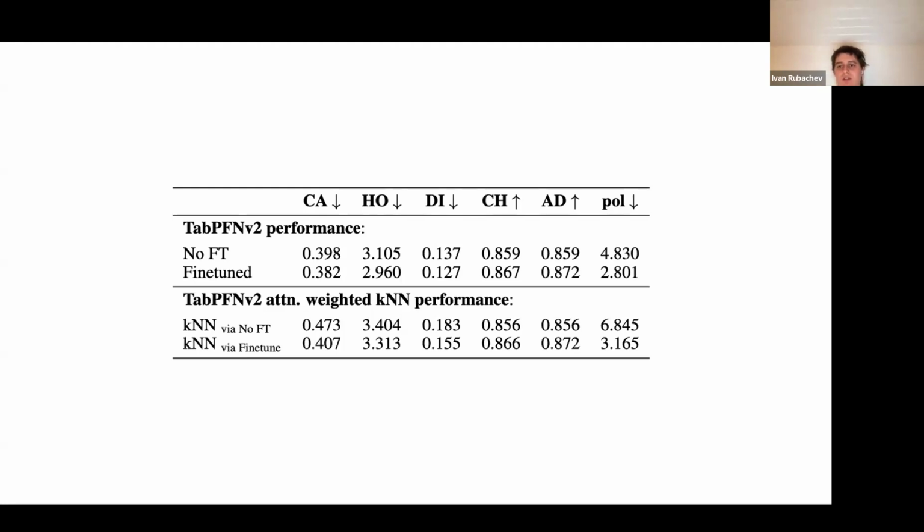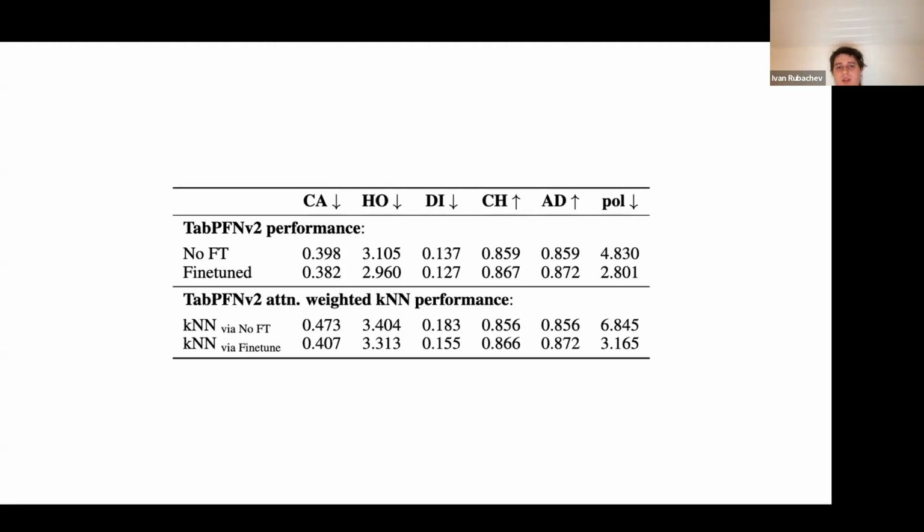So here we see that this mechanism of weighting the targets of the original dataset is kind of important in terms of TabPFN prediction. It's not all the way there, there is some other processing happening in the model, and it's an interesting research question to explain the difference between the weighted KNN and the actual TabPFN.